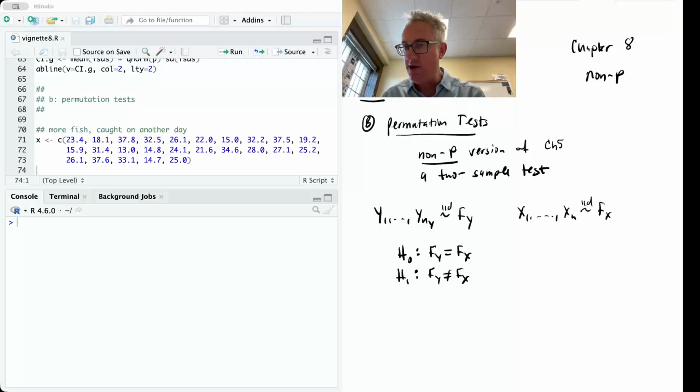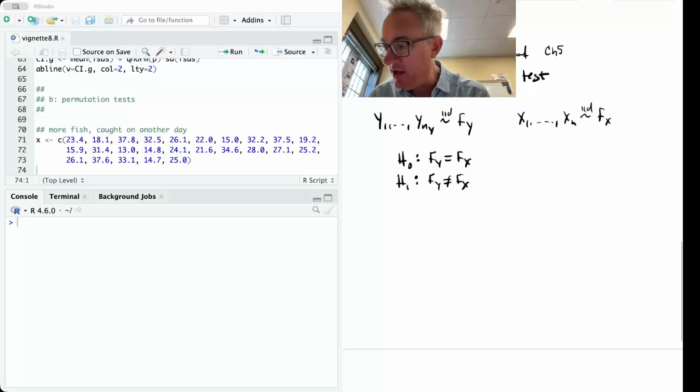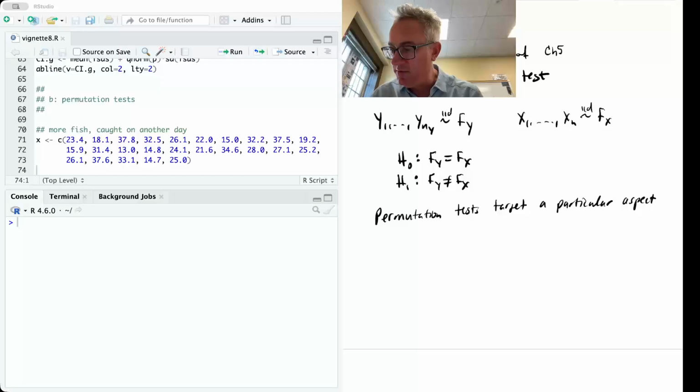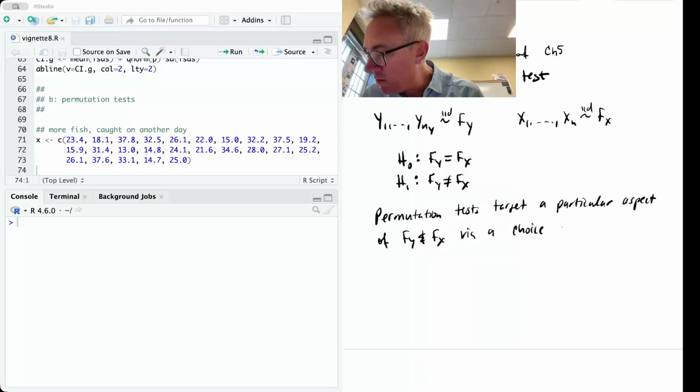And even that's kind of overly generic, because a permutation test targets a particular aspect of those distributions via a choice of statistic, which is always true about hypothesis tests, but the particular thing about permutation tests is that the statistic is on the combined sample.